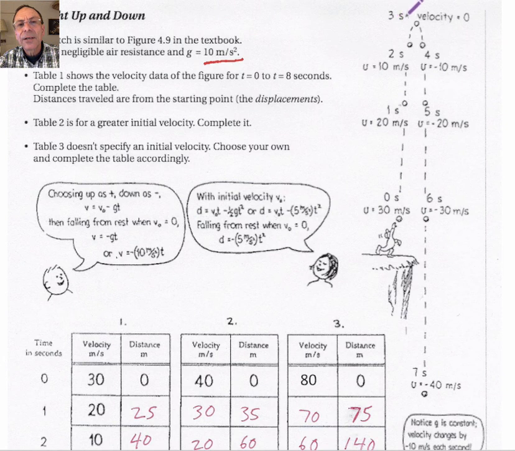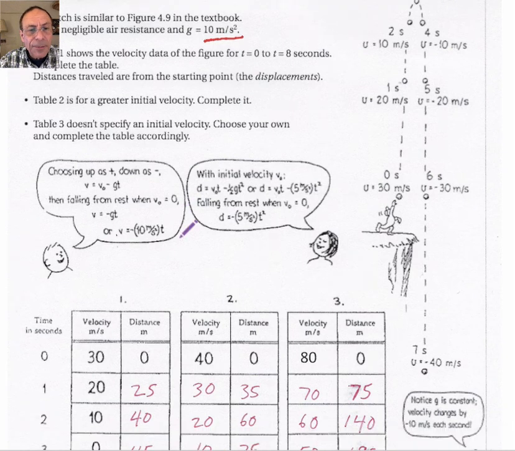And another second later, it's gone to 0. Now, as it comes back down, it's accelerating. It's gone from 0 meters per second to 10 meters per second downward. That's what the negative sign is for, to say downward. After another second, it's sped up to 20. And after another second, it's sped up to 30. As you can see, there's a close connection between the time that's elapsed and the speed.